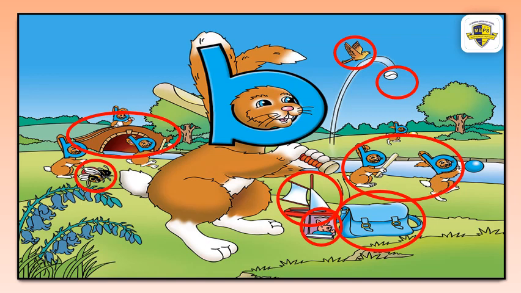Here is Bouncy Ben. Bouncy Ben makes the sound b. Very good. And the pictures in the park are bird, bunnies, two little baby bunnies, a bag, and a boat, and a bunny sleeping as well, another bunny, and a burrow.